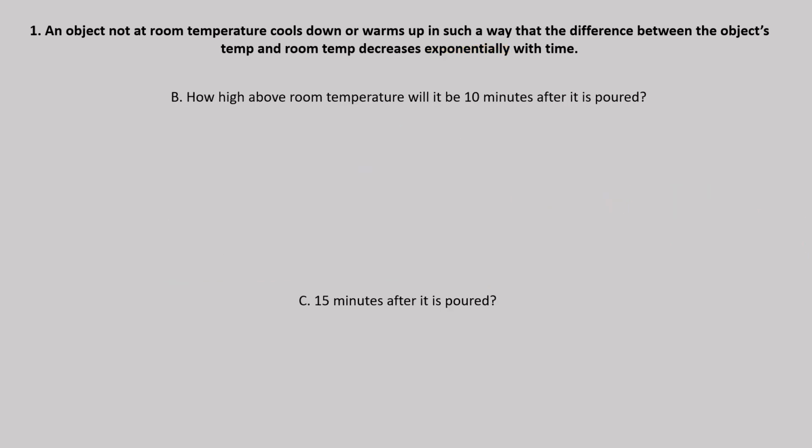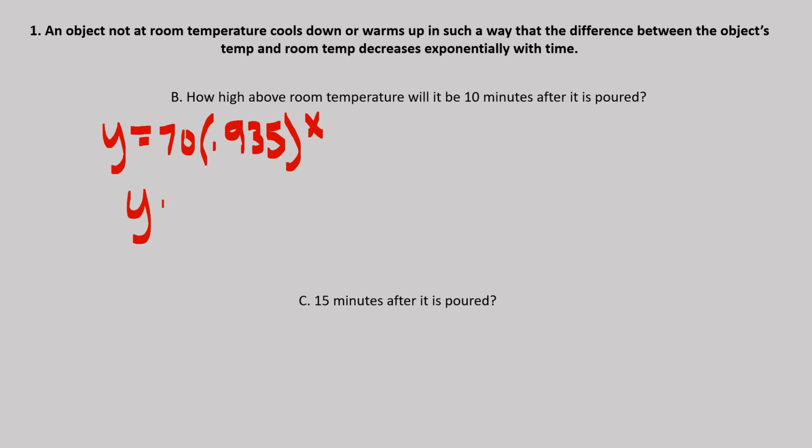So this next question wants to know how high above room temperature it will be 10 minutes after it is poured. So we're going to use our last equation, y equals 70 times 0.935 to the x, and we are going to plug in 10 for our x.